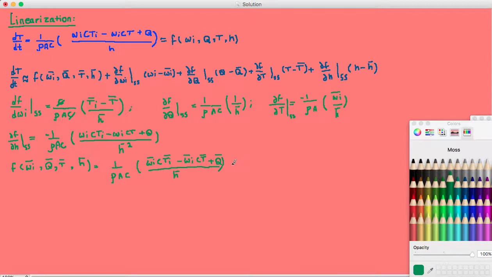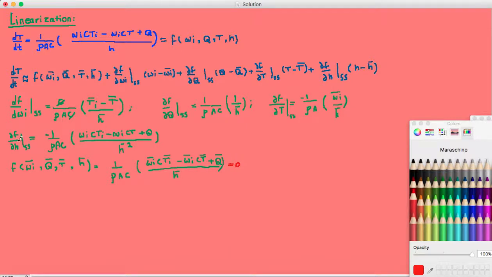Also we know that f at a steady state is equal to 0 because we don't have any changes of temperature based on time. So when the left hand side of the equation is equal to 0, the right hand side is also equal to 0. So we will see that this is equal to 0.